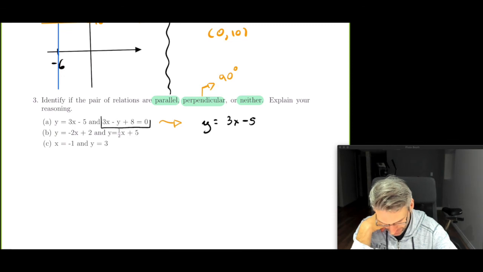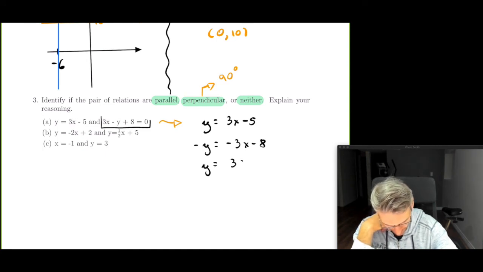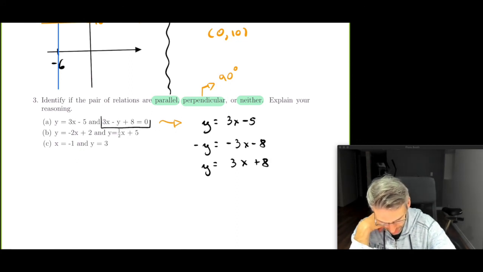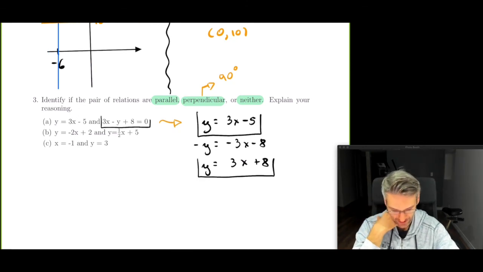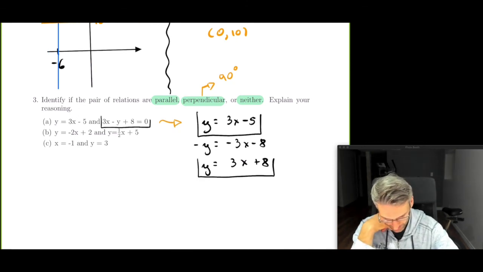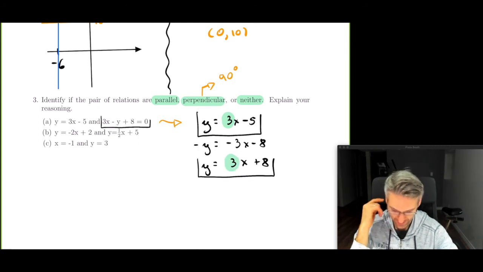So what I will get there is, I have negative y, I'm going to bring the other terms over and then divide or multiply by negative 1. So this is going to be that. Notice my two lines, this is my first line and this is my second line, and they have exactly the same slope.